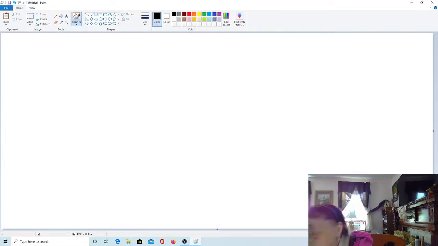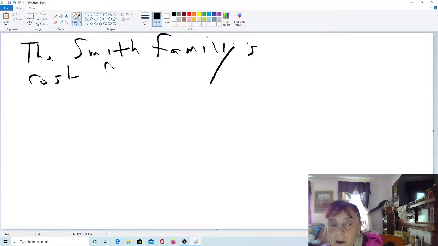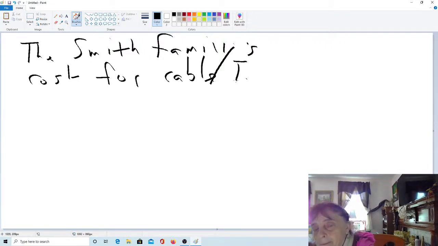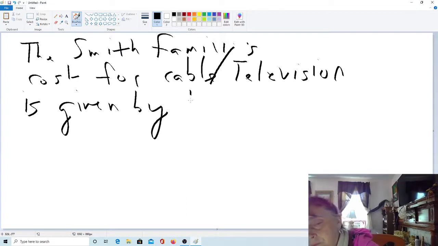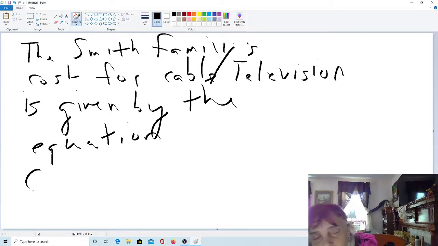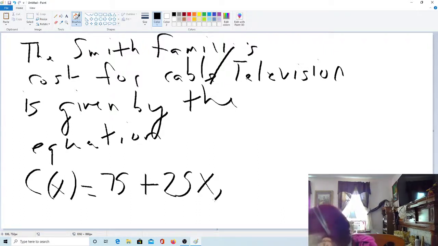Now, let's say the Smith family's cost for cable television is given by the equation C of x equals 75 plus 25x, where x is the number of months of cable television.